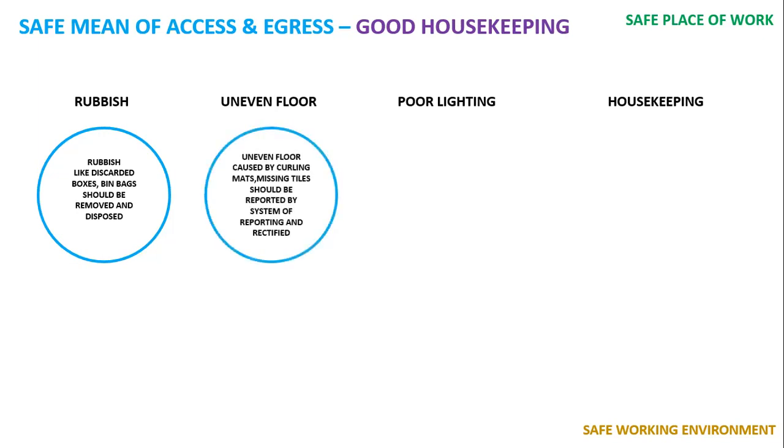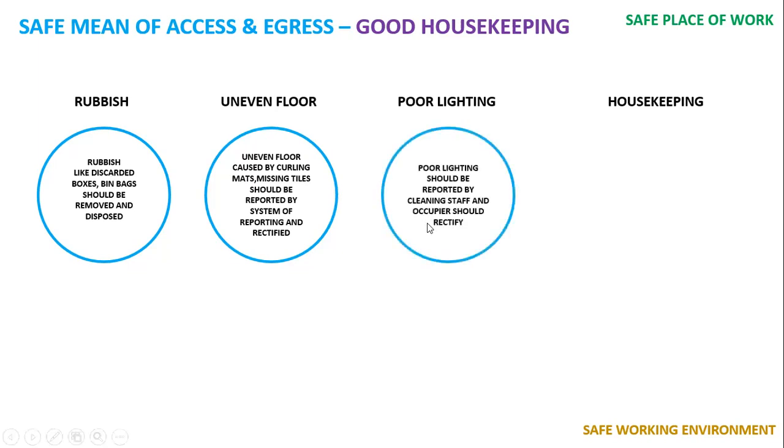Then the uneven floor caused by curling mats and missing tiles should be reported by the system of reporting, and it should also be attended to and rectified. Then the poor lighting should be reported by the cleaning staff, and the occupier should rectify.